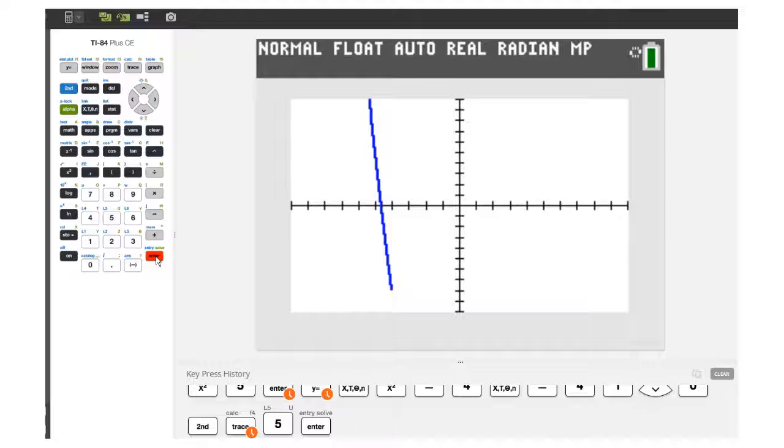So the calculator is going to ask me to verify the curves. The first curve that I should have is the curve of the parabola. And in this case, all I need to do is hit enter.